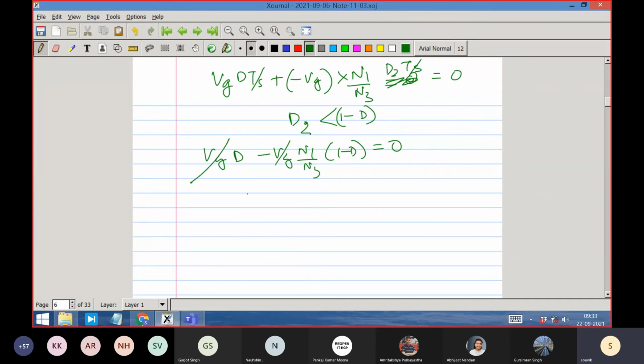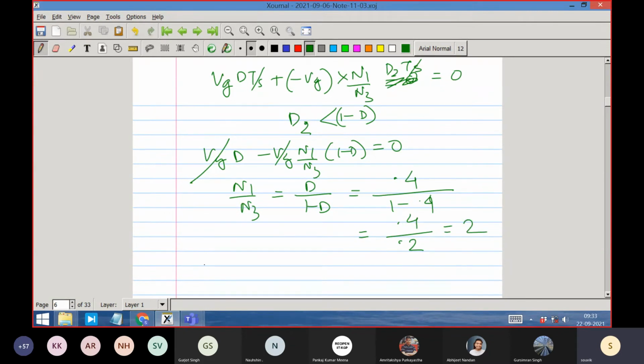What we are getting is that N1 by N3 is equal to d by 1 minus d. So here, in this specific case, it is 0.4 and 1 minus 0.4. So that is 0.4 by 0.2. So it is equal to 2.